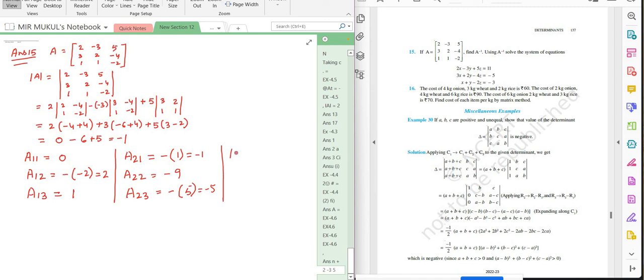Now A31. It will be positive. Third row and first column removed, then 12 minus 10 is 2.